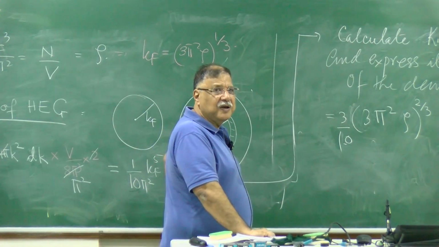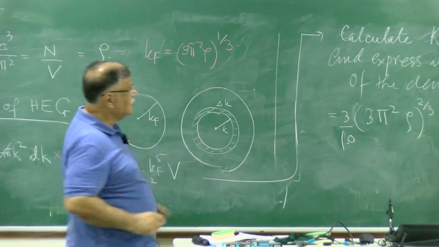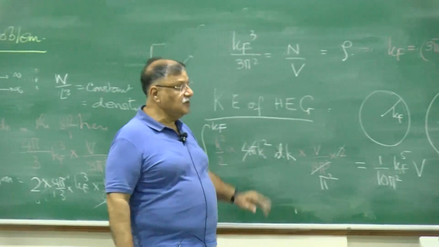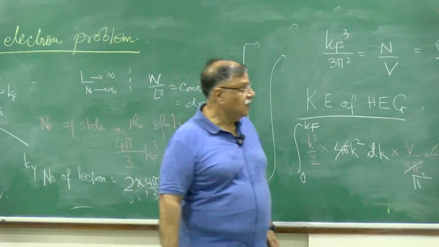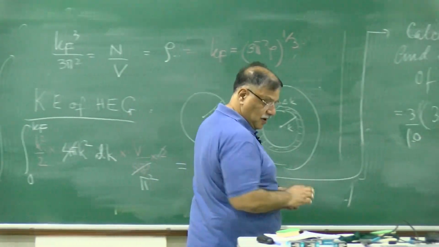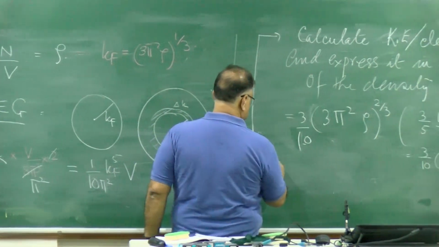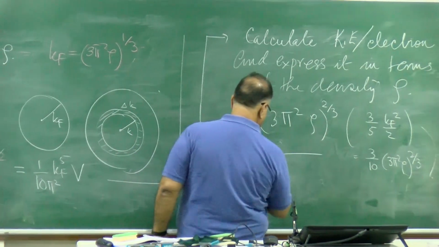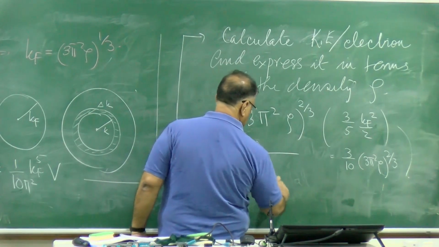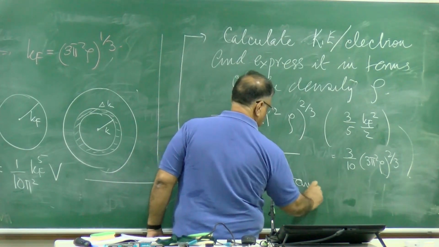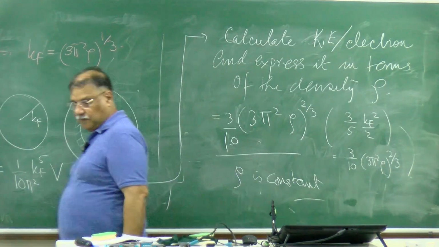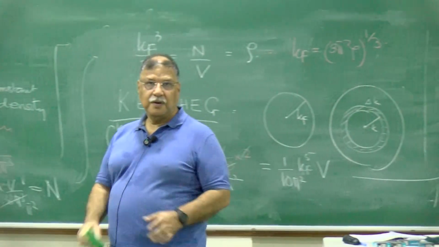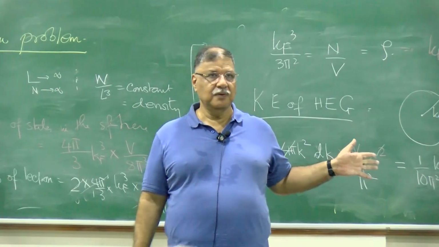Just check, maybe a factor of 2 mistake. In any case, this is the kinetic energy per electron, the average kinetic energy. And therefore, rho is constant. Any questions, comments on this?